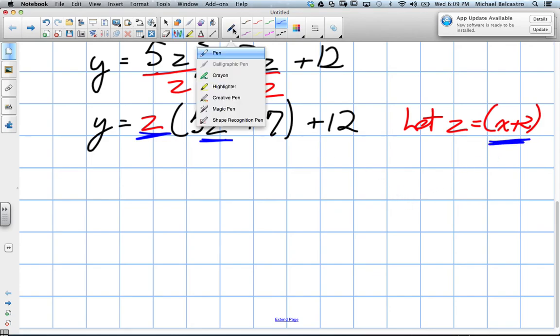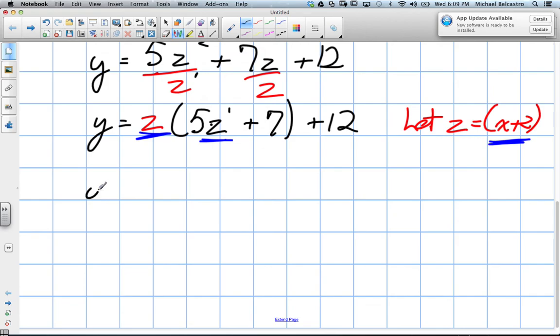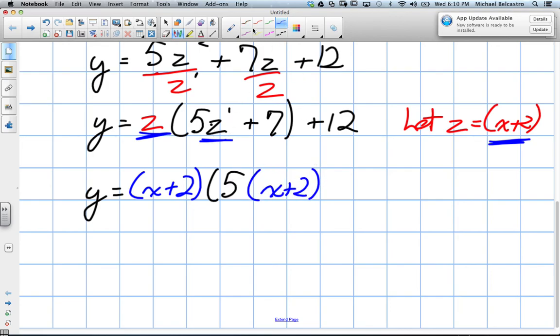So in that case, we get y is equal to, I'll replace this z with, I'm going to do it in blue, x plus 2. Bracket 5. This z needs to be replaced with x plus 2. And then we rewrite the rest, plus 7 plus 12. This is a pretty ugly example because this simplified form doesn't really help for our clarification. It's very complex in here.